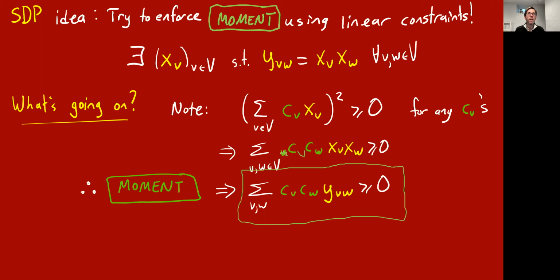To repeat, any y's that satisfy the moment constraints must satisfy this green box constraint for every choice of real vectors c. And notice that these are linear inequalities in the y variables. So what I'm saying is any y's that satisfy the moment constraints must satisfy infinitely many different linear inequalities, all the ones that look like this, for some choice of real numbers c sub v, one for each vertex.